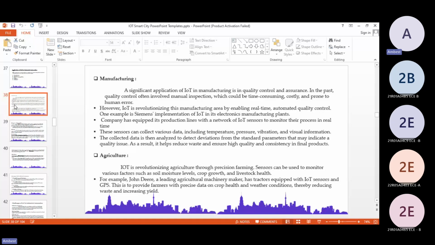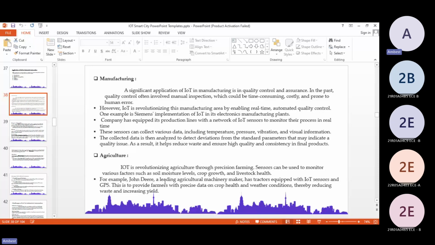As I mentioned before, these production lines use an IoT network of sensors to monitor the whole real-time process.